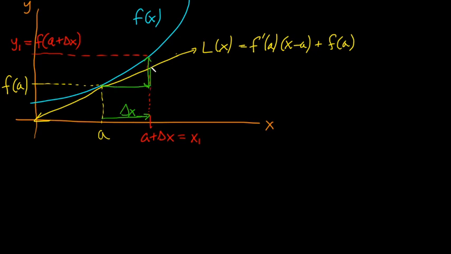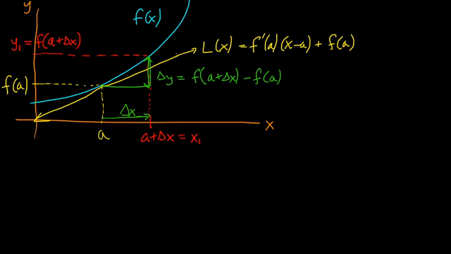So this here will be my delta y, and it's just the difference in the two y values. It's essentially y1 minus f of a, so it's going to be f of a plus delta x minus f of a. Okay, so that's delta y.